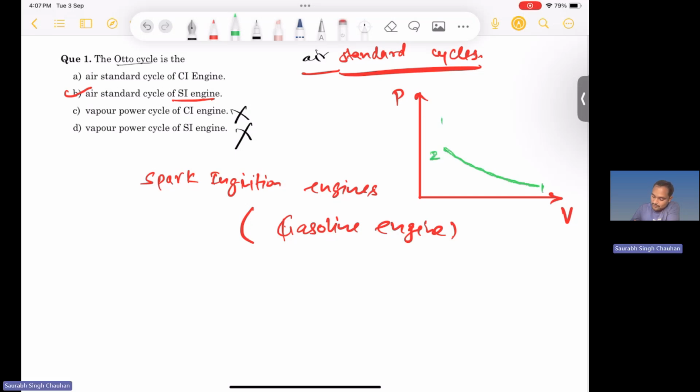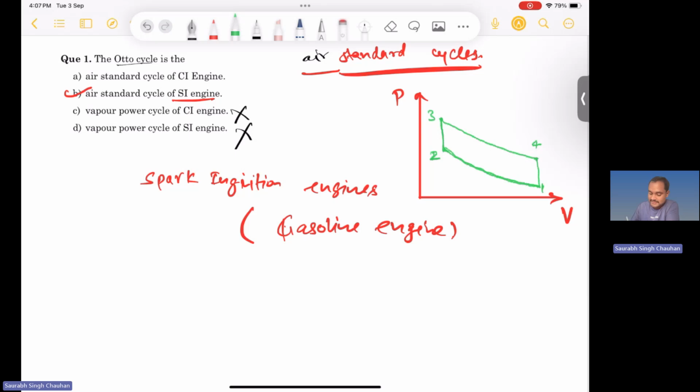Then at constant volume, there will be heat addition. Then there will be adiabatic expansion. And then again, there will be constant volume heat rejection. So 1 to 2 is isentropic compression.